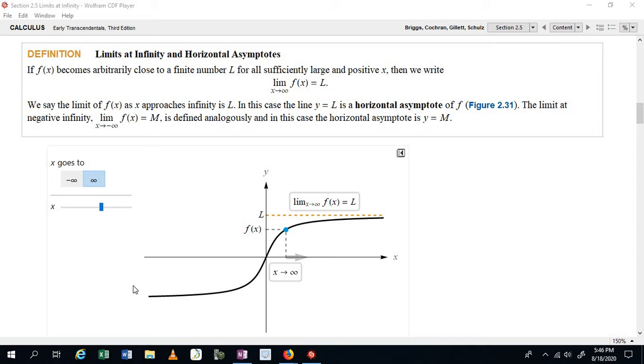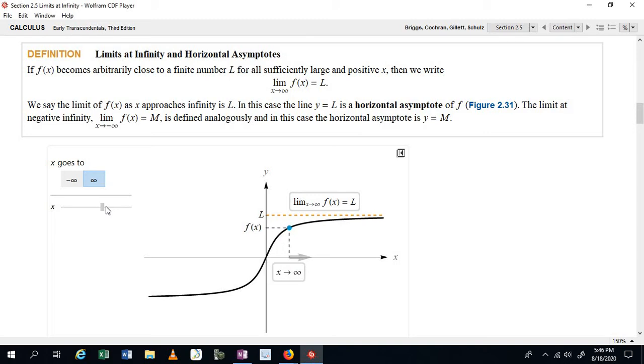So to illustrate this idea of a limit at infinity, suppose you have the graph of a function f of x that looks like this. Let's try to determine what the y value is approaching as x heads towards infinity. So for this particular x value, the corresponding y value would be right here.